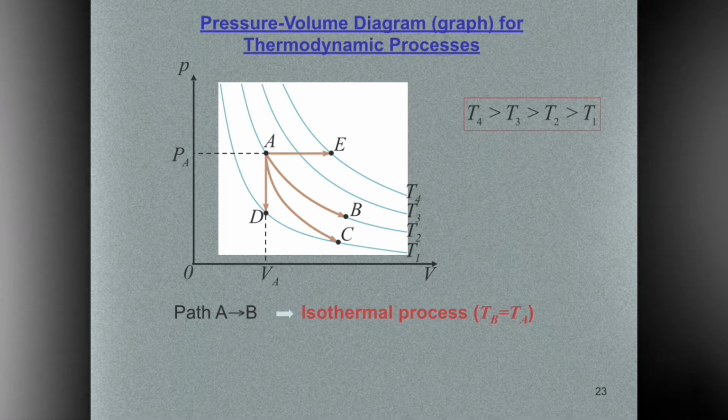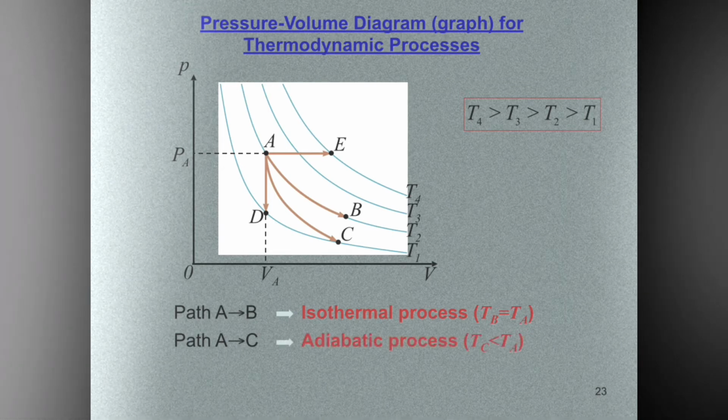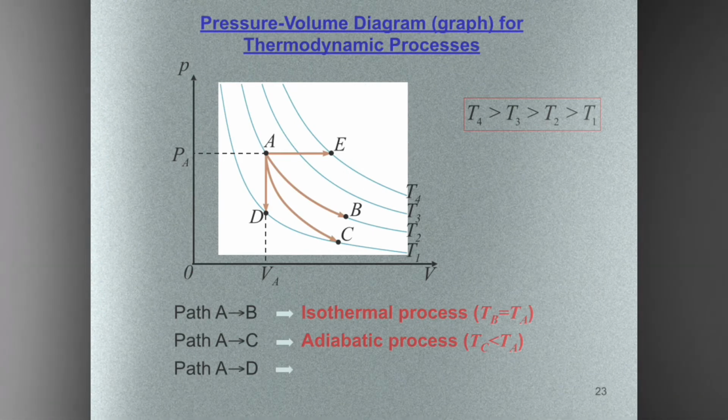And we have path AC, where there is a change in temperature, change in volume, and also change in pressure. So this one is adiabatic process, where Tc is less than Ta. And then path A to D, it is an isochoric, where the volume is constant at Va.